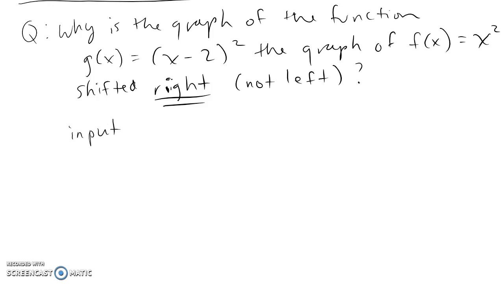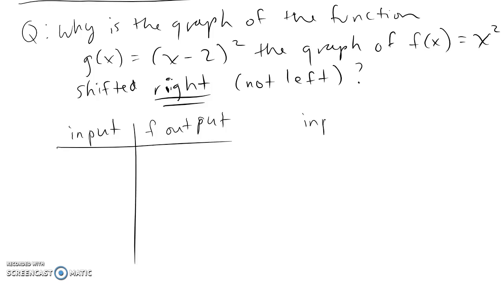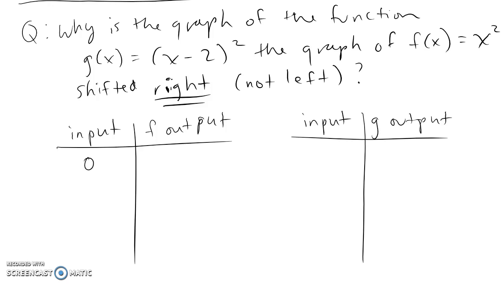I'm going to say the input and then the f output, and I'm also going to look at inputs and outputs for g. Remember, f is x squared, g is x minus 2 squared, the shifted one. If I input 0 into f, I get 0. 2 gives me 4, and negative 2 gives me a positive 4.